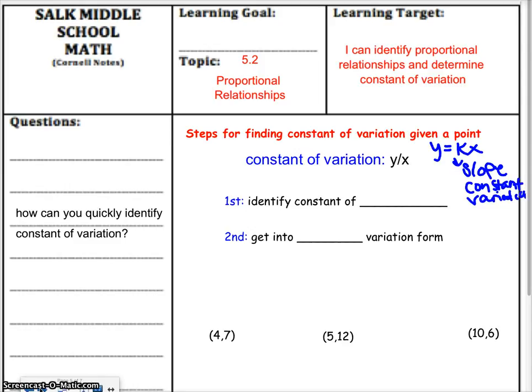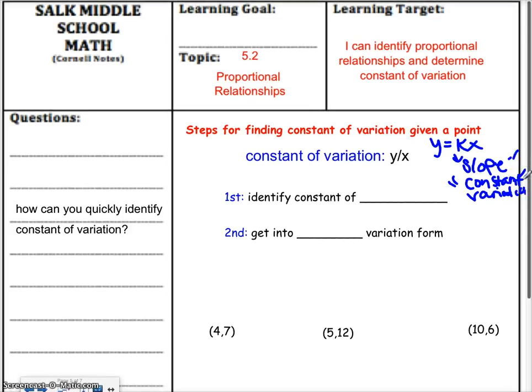A slope, you are constantly changing. Do you agree with that statement? Slope is a constant. Rise over run, rise over run, rise over run. Constantly varying. They are the same exact thing. So constant of variation is y over x. It's how your y changes over how your x changes.